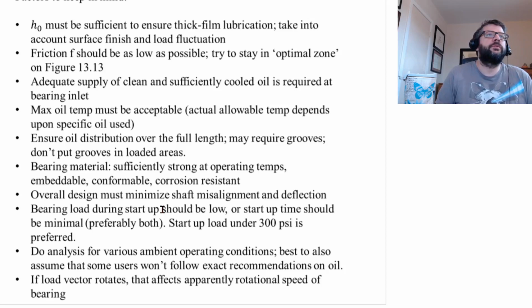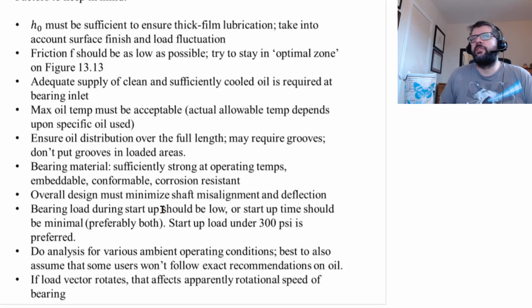So for example, trains used to use hydrodynamic bearings for their wheels. They don't anymore, because at the beginning, the startup sequence would have enough friction that they needed double the engines in order to get the train going, and then once they got going, one would be redundant.